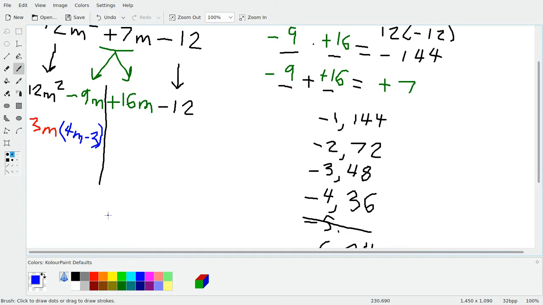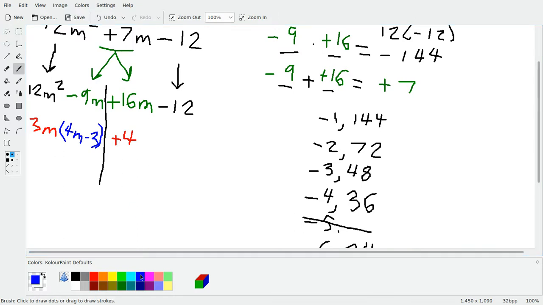For the second group, we look for the GCF also. The GCF of a positive 16m and a negative 12 is a positive 4. Please remember to write that positive, that plus sign. If you don't, lots of people will make a mistake and put a minus there instead when they write their next step.